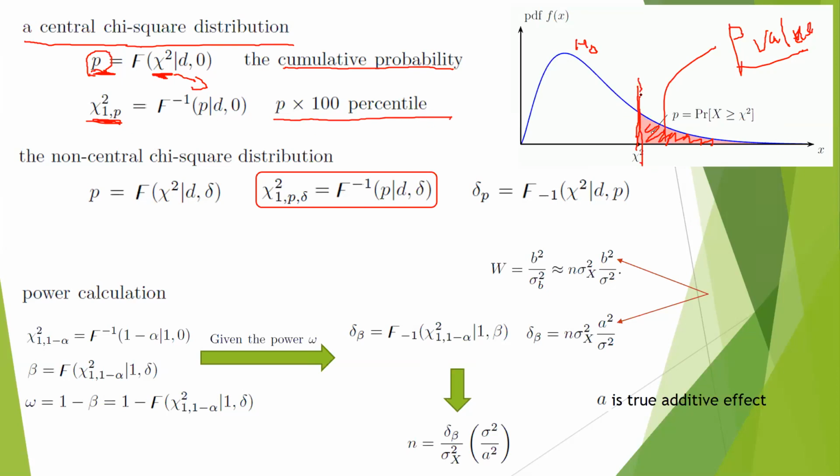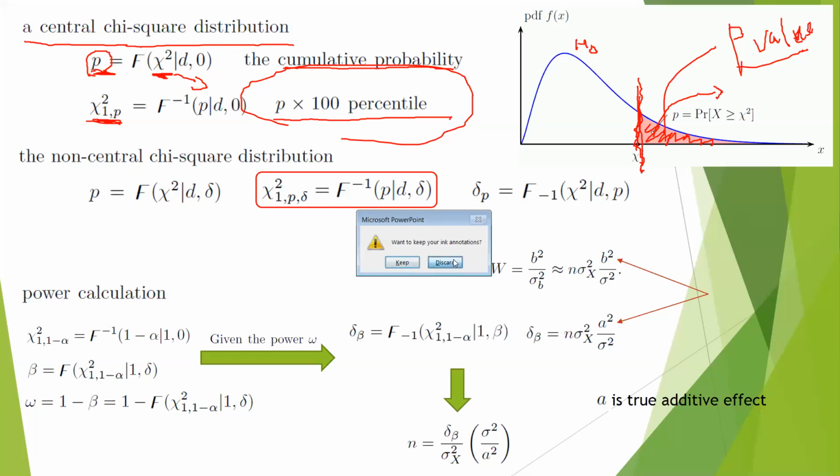So the test statistic value that gives you the p-value equal to p is the percentile. That's the term you need to get used to. We use this very frequently in statistical testing.